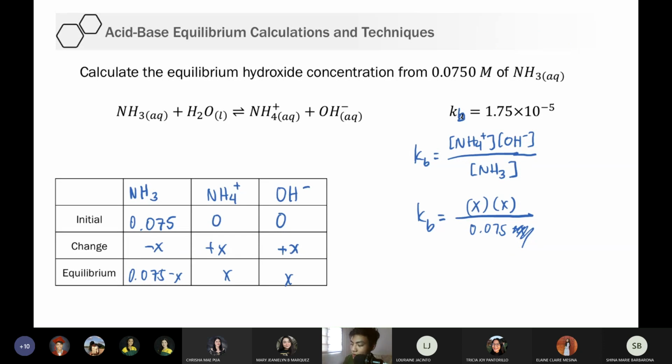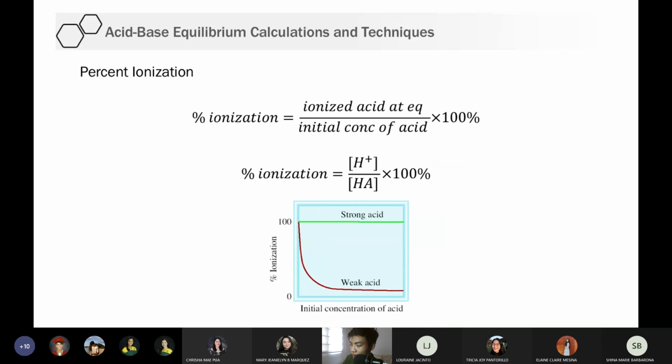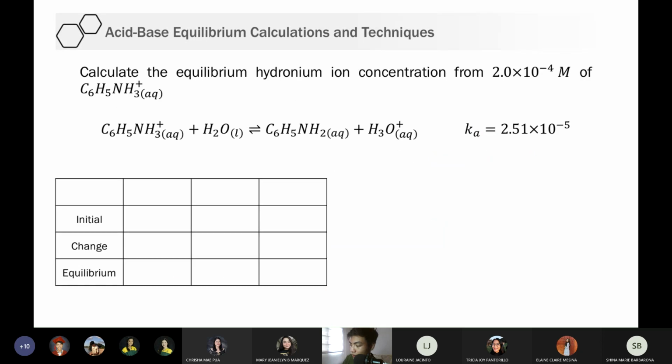Question, can we use the small x approximation here or not? Paano natin malalaman kung pwede? You get the ratio of your reactant with the K. So, kunin mo yung ratio ng reactant with the K. So, divide this by that. Ba't nalilipat ng kabilang slide? Excited yung PowerPoint.